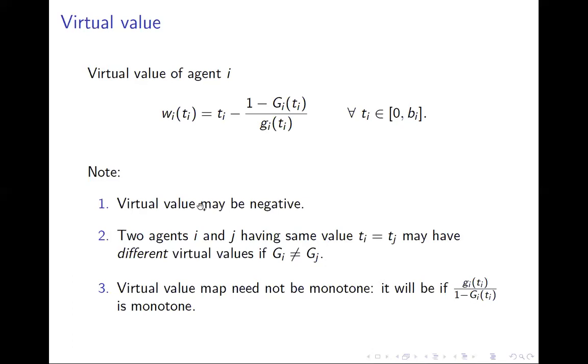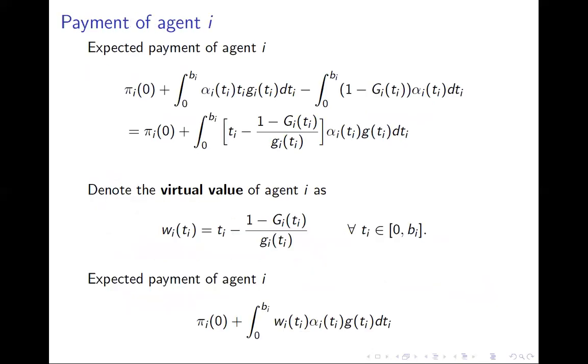Okay. So how do we interpret the virtual value being negative? I think it will become clearer as we do the optimization, but all I'm saying is that if the virtual value is negative and we are allocating the object, that will essentially entail that the seller is paying the agent, which she should not be doing if she wants to maximize revenue.